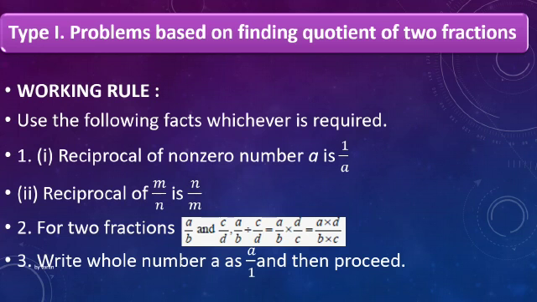Write a whole number A as A by 1 and then proceed. If we have to multiply any fraction with a whole number, then we may write the whole number by 1 and change it into a fraction.